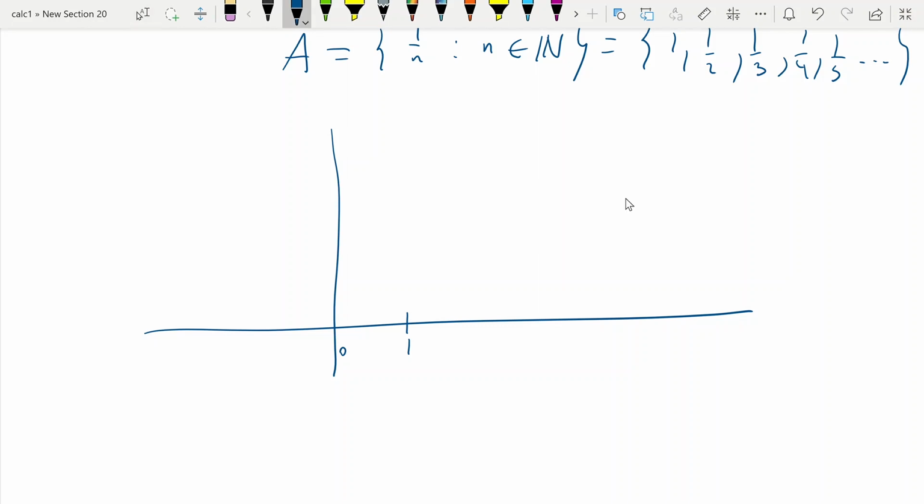So 1, then we have 1/2, then 1/3, and then subsequently smaller numbers to the left of 1/3, but never actually touching 0. So the set A is the union of these singletons.